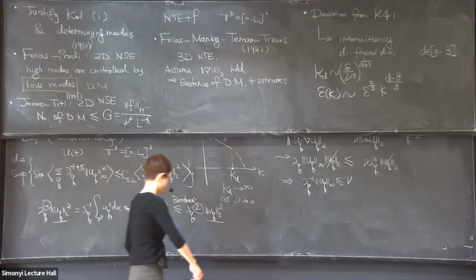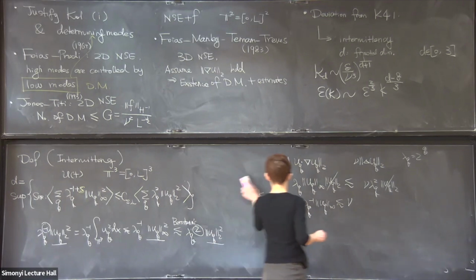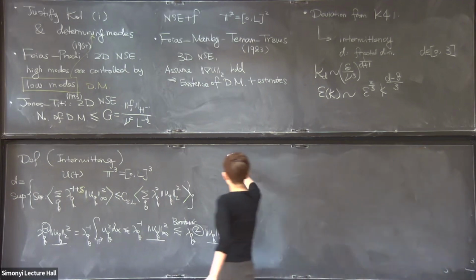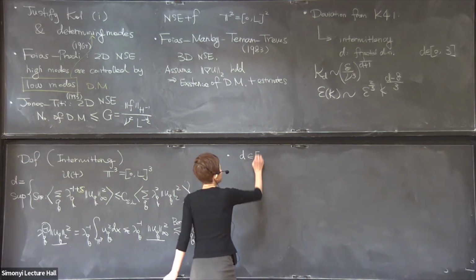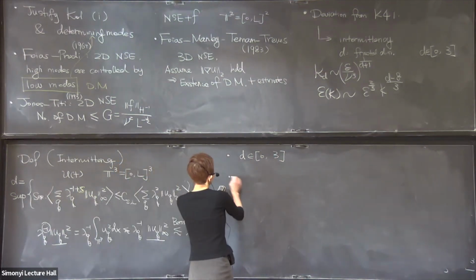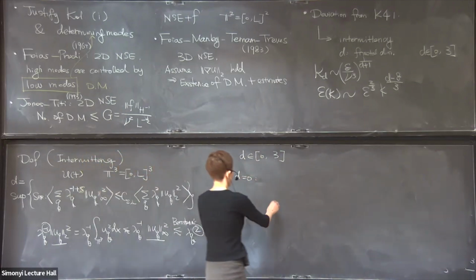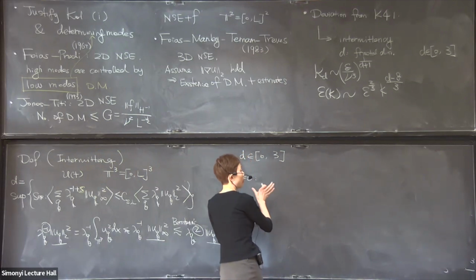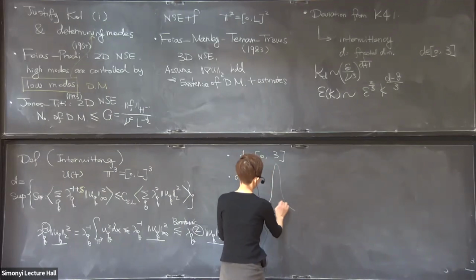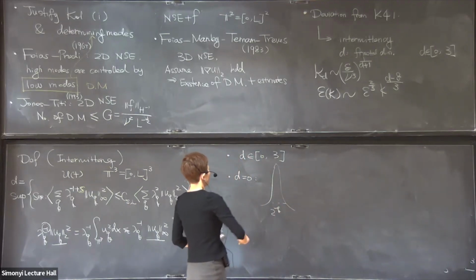And we can show that it's from 0 to 3. That's the intermittency dimension D. When D is 0, that's the extreme case, corresponding to something highly concentrated, where the length scale is 2 to the negative q.